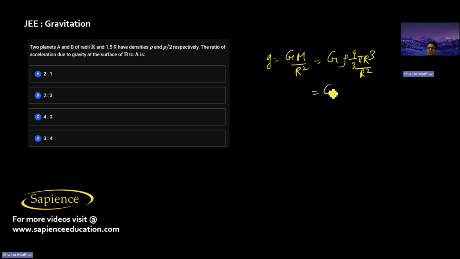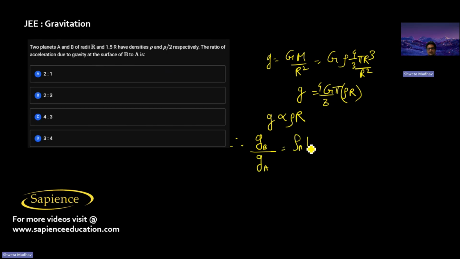So it is equal to G into 4 by 3 pi rho R. So it means g is directly proportional to the density into radius. Therefore, the value of g at the surface of B to the value of g at the surface of A is rho B into R B by rho A into R A.